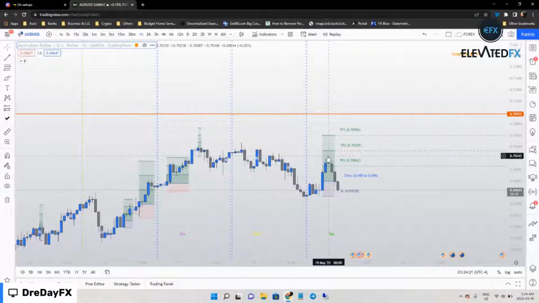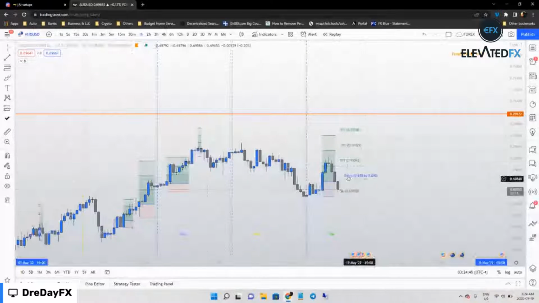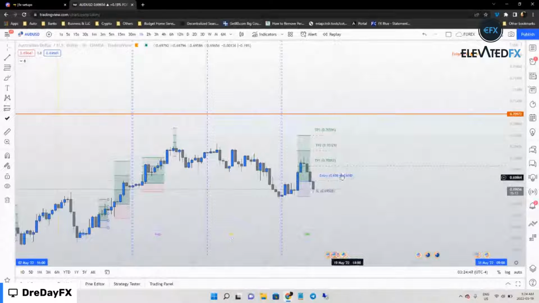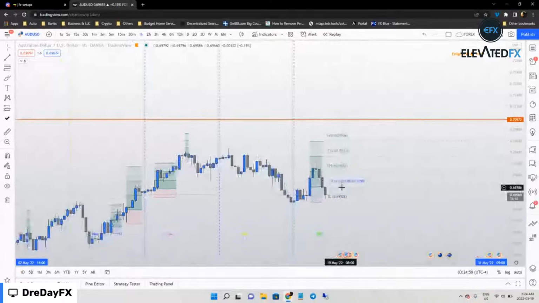And the highest that it went is 0.67024. Okay, so that's roughly 60, 64, 67 pips, and then it went back down. Okay, great.